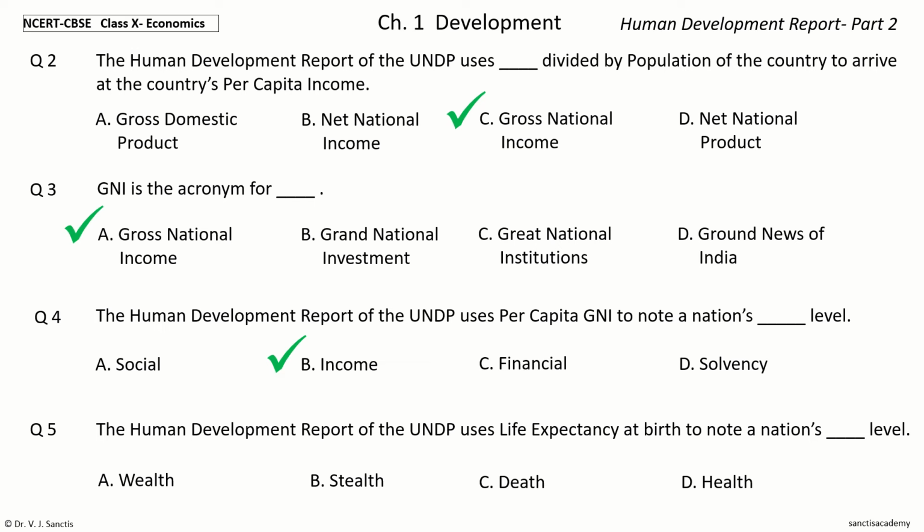Your time to choose. And the answer is Health. So, the Human Development Report of the UNDP uses life expectancy at birth to note a nation's health level.